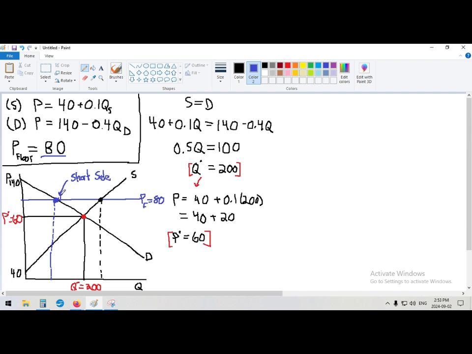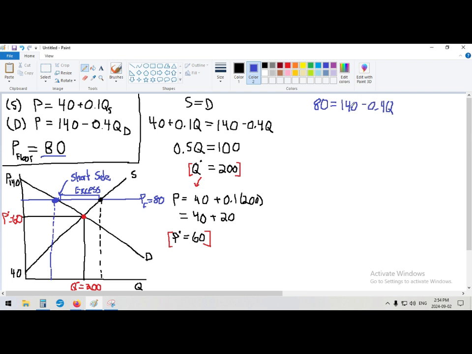You can see this gap here, that's going to be the excess. Let's figure out this point here. This is where a price of 80 hits the demand curve. So we go to the demand curve and say a price of 80 gives us 80 equals 140 minus 0.4 quantity demanded.